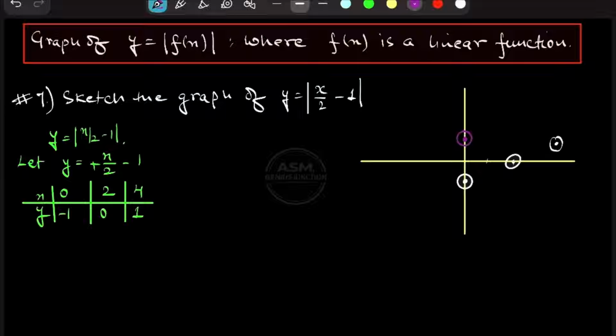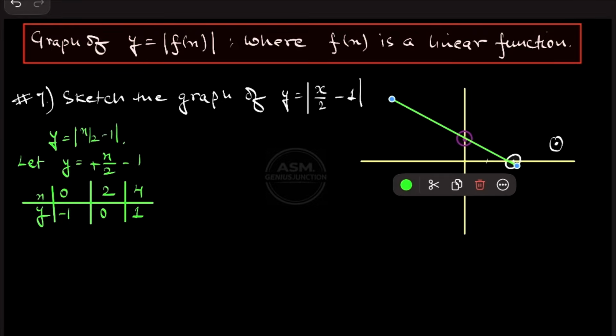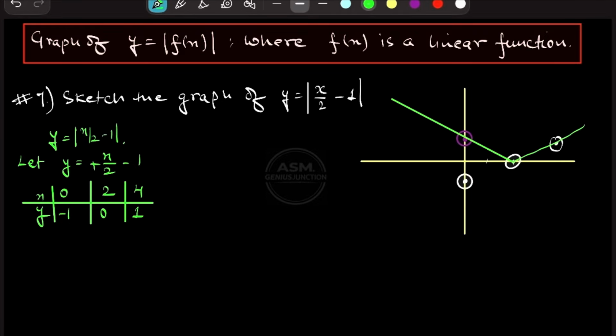Okay, so now it's time to draw the graph for the given question. So I will plot a line like this. This is your equation for y is equal to mod x. Okay, similarly we will write y is equal to x by 2 minus 1.